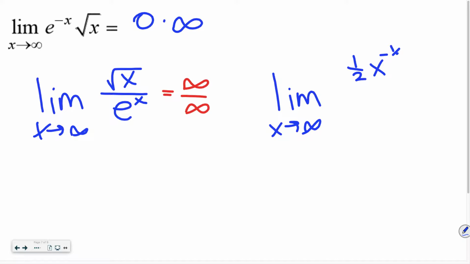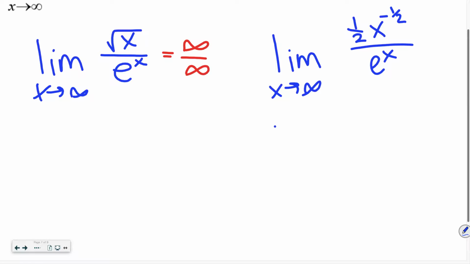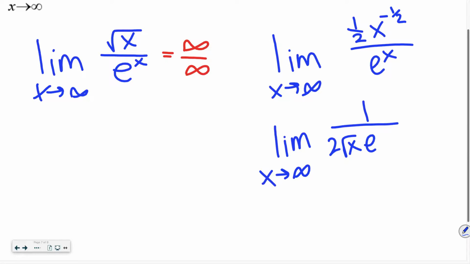1/2 x to the negative 1/2 in our numerator, and, woohoo, e to the x in our denominator. What did I tell you? If you can simplify, you better simplify before you try to evaluate anything. Otherwise, you're going to get stuck in a rabbit hole that you don't want to be in. So, if I want to simplify this, it's 1 over 2 radical x e to the x.